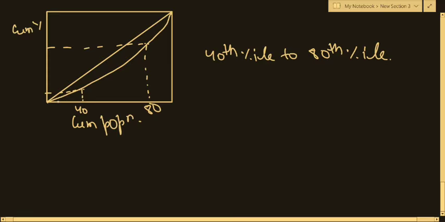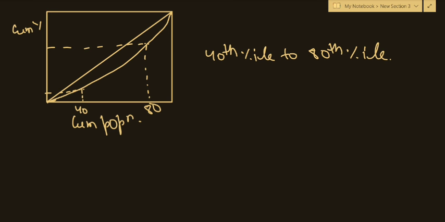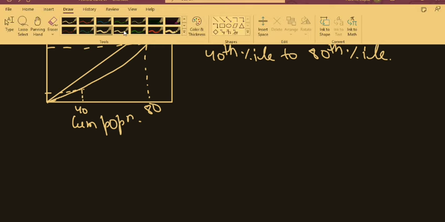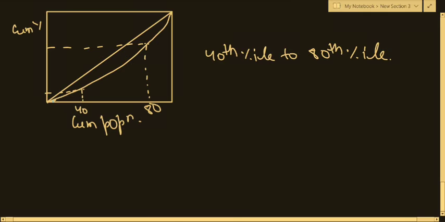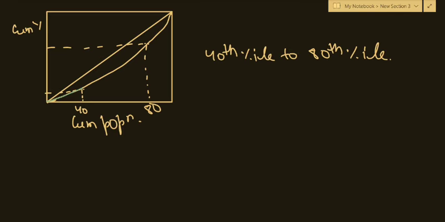All right, now till the 40th percentile, the Lorenz curve would be coinciding. Let's take a different color for this. Take blue color. Till the 40th percentile, the new Lorenz curve would coincide. But after the 40th percentile, this would break up a little. It's not that clean. Let's try again.